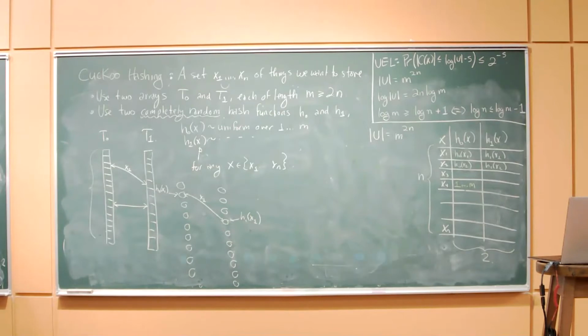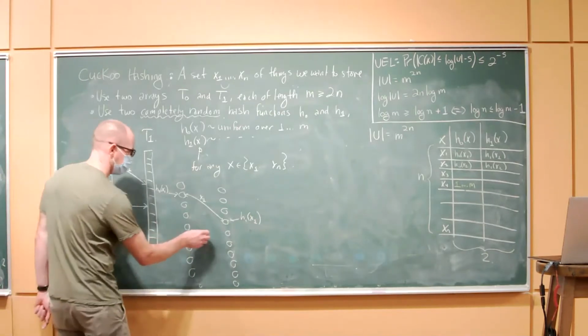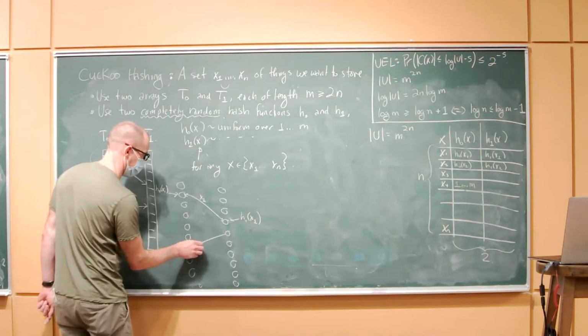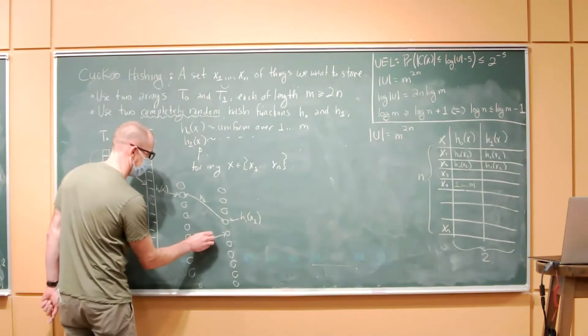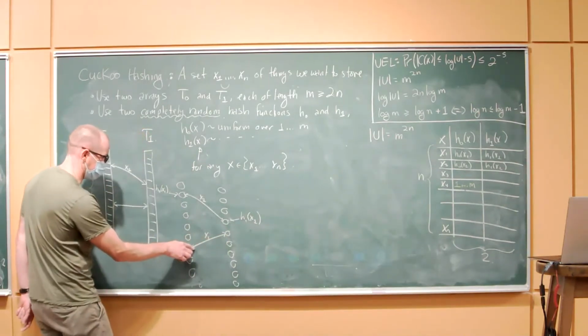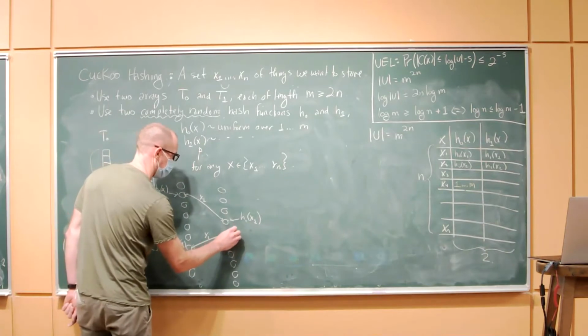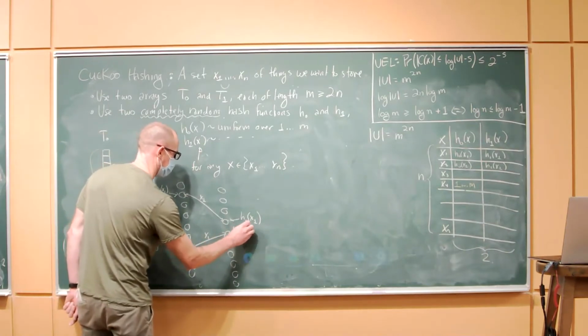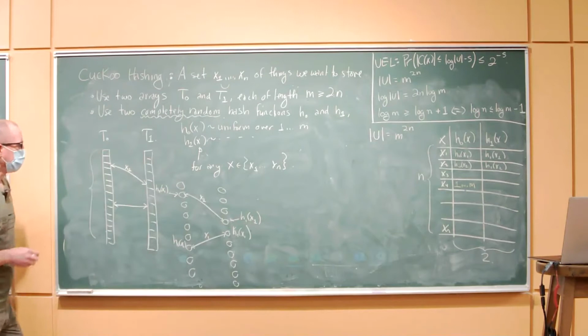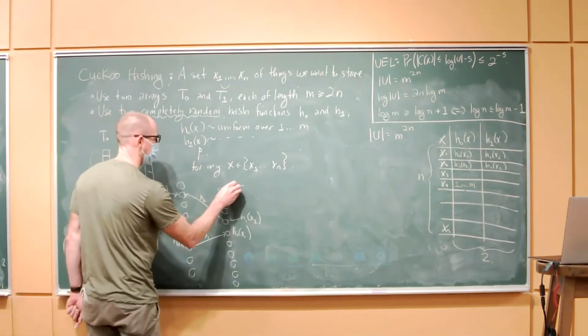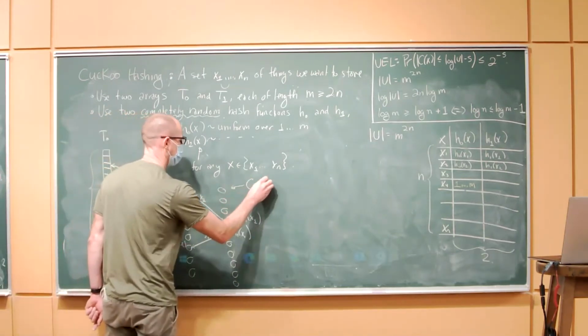And same thing for every xi, there's an edge called xi that joins these two endpoints, h0 of xi and h1 of xi. All right, this thing here I will call the Cuckoo graph.